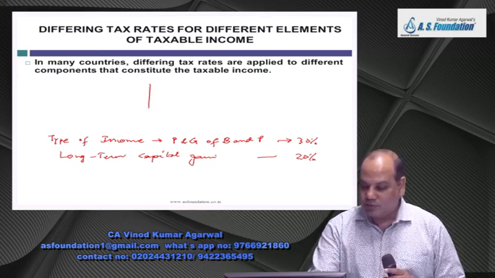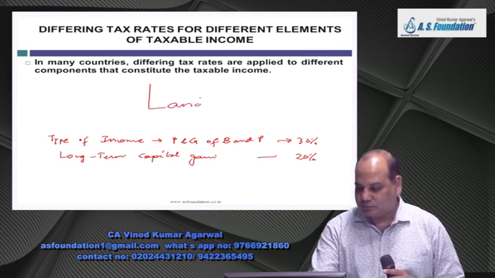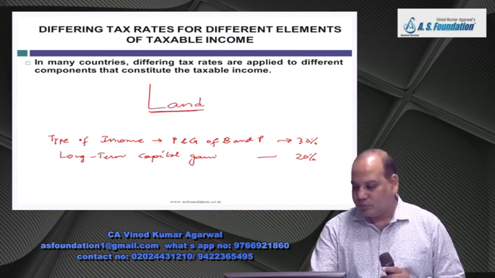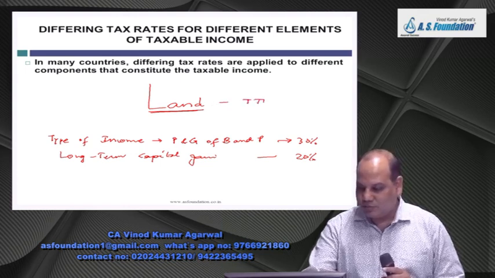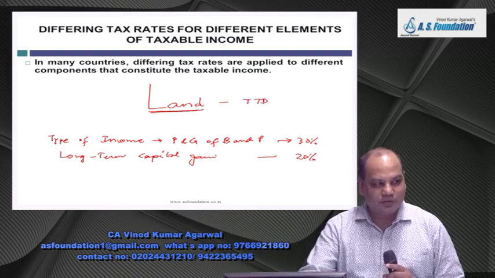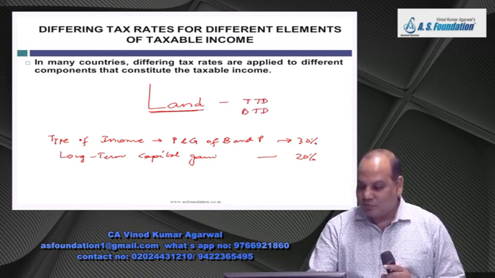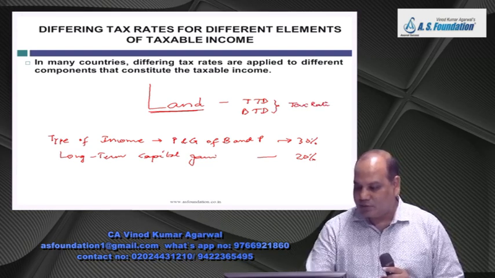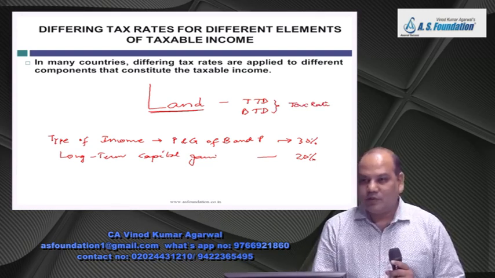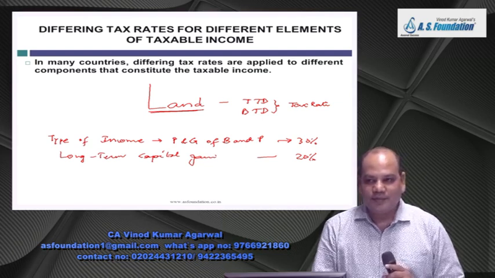Suppose I have this land, and there is a TTD or DTD, for example. Now to apply deferred tax, I need to multiply the difference by the tax rate. Which rate will I use? 30 or 20?